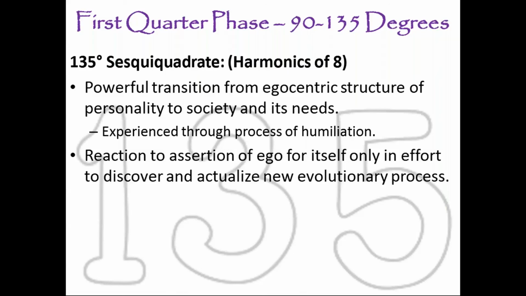But we start to get the inklings of this the closer we get to Mars and Pluto reaching the 135-degree mark. And so this is a natural and necessary reaction to all the assertion of our ego and manifesting our desires that Mars and Pluto have been doing since the 90-degree mark with each other.